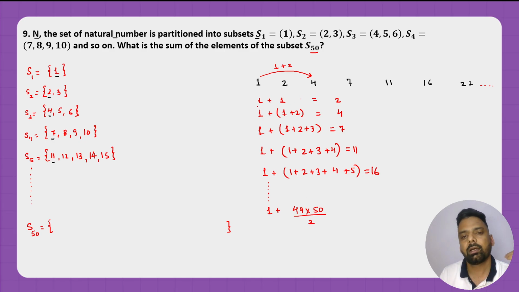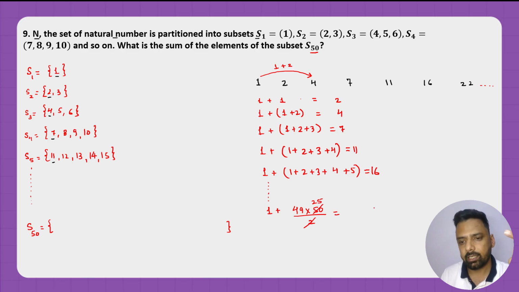Because इसमें हम क्या कर रहे हैं, 1 में we are adding the sum of the second term. When we added one natural number, sum of two natural numbers, sum of three, sum of four, sum of five. तो जो 50th term होगा, तो 50th term में I have to add sum of the 49 terms.